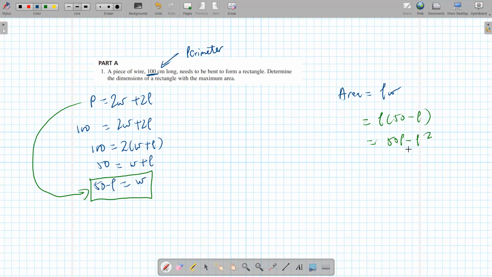If you plug L as 0, you're going to get A as 0, so it's going to go through the origin, and it's a negative quadratic, so it's going to open upside down like this. We're looking for this maximum. How do we go about finding that?